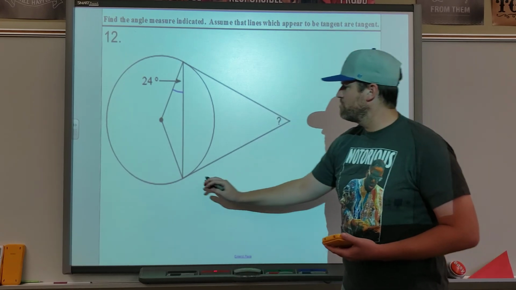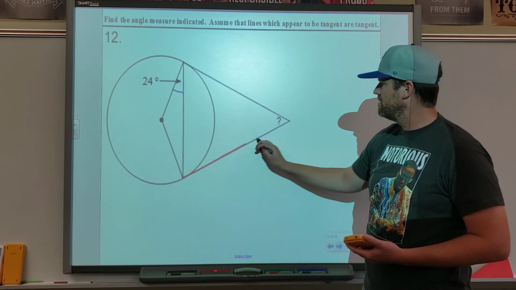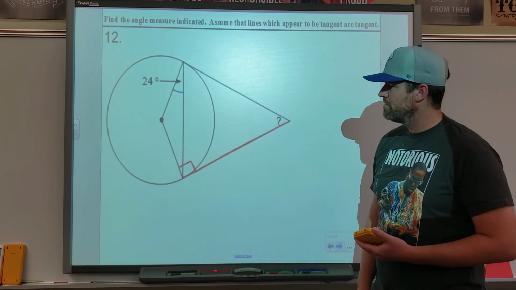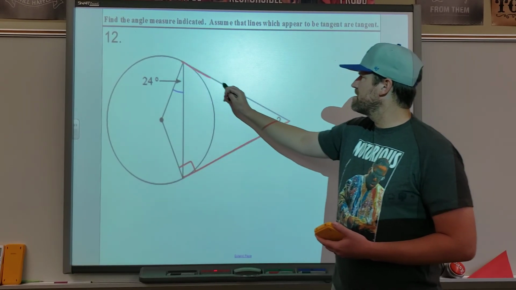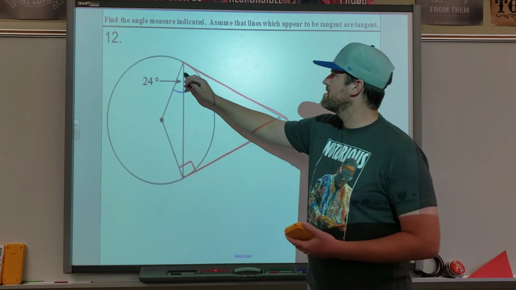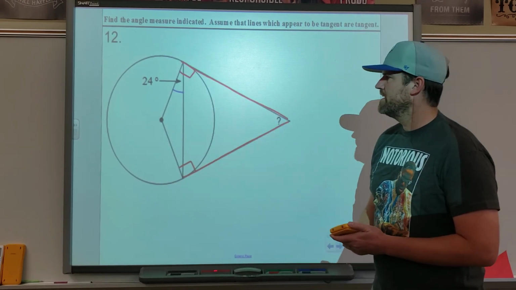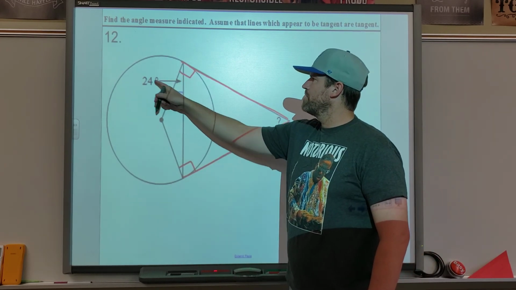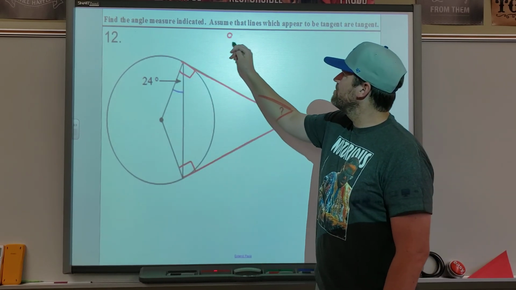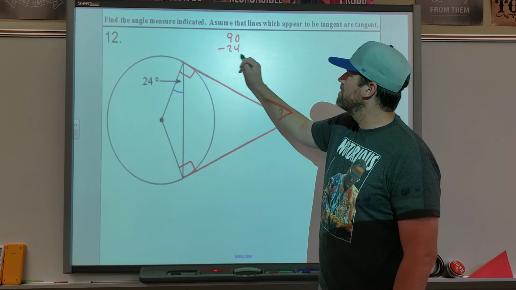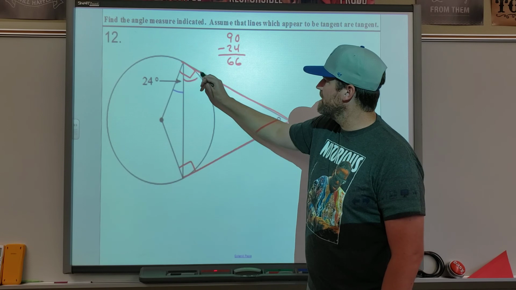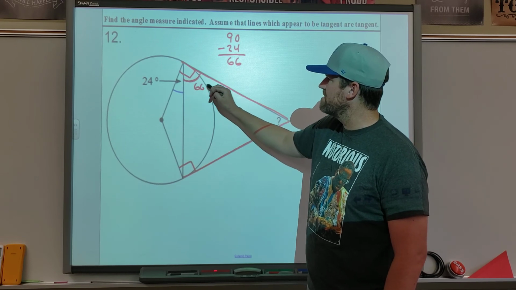Because it says to assume that this is a tangent, I know that this angle will be 90. Same thing over here. This side is a tangent, which means this angle will be 90. And I already know that this part of the angle is 24. So if I do 90 minus 24, I get 66, which means this angle from here to here is 66 degrees.